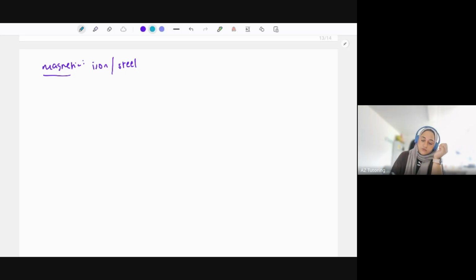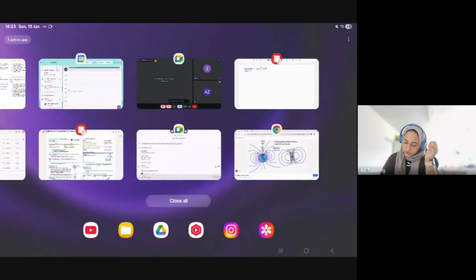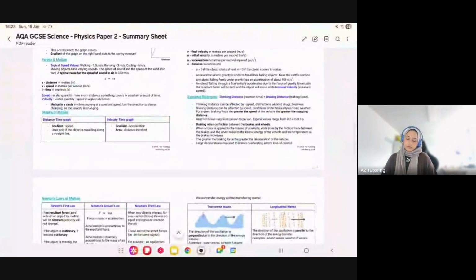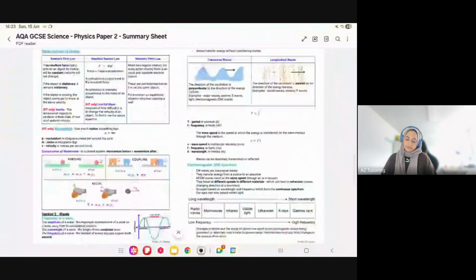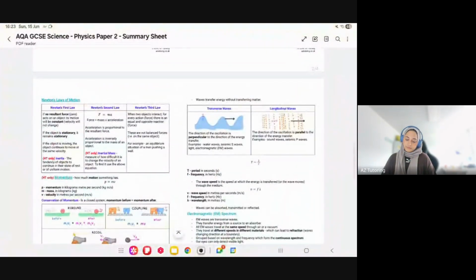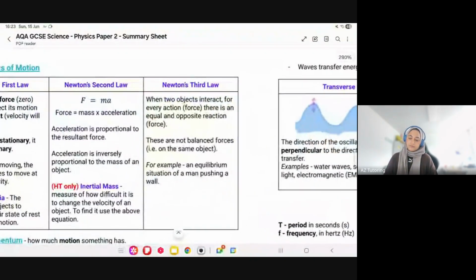I want to quickly go over Newton's laws of motion. So the first law, actually, rather than writing this down, just to save time, I'm going to get out the summary sheet. Okay, right here.